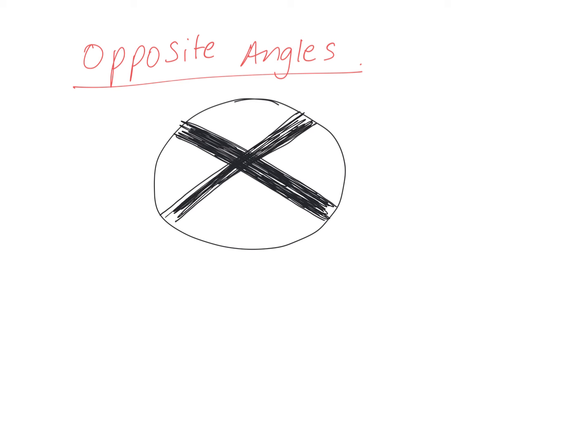So you've seen this sign and two R's written like this. So opposite angles are always equal.